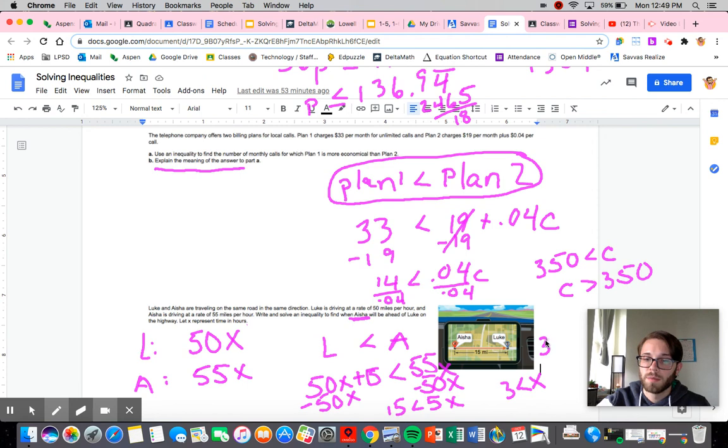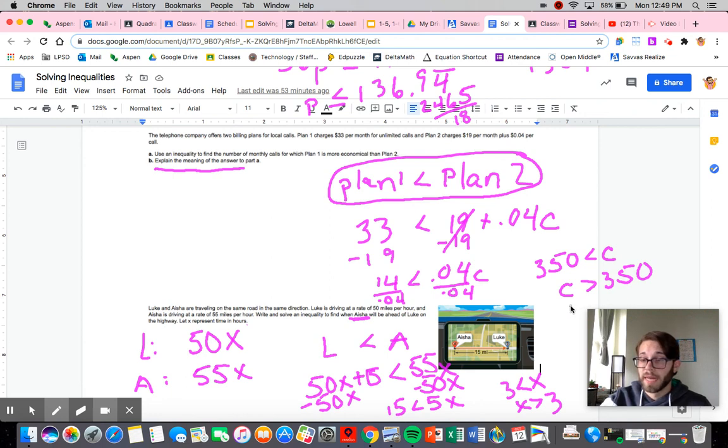So basically what we're saying here is that when my number of hours x is greater than 3, Aisha is going to be further along the road than Luke is.